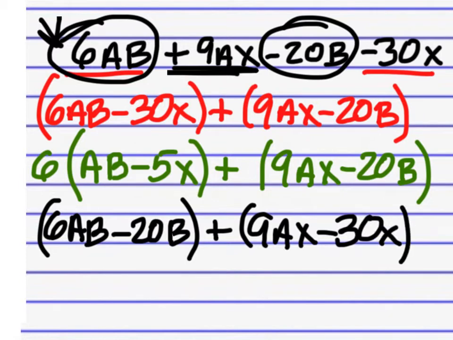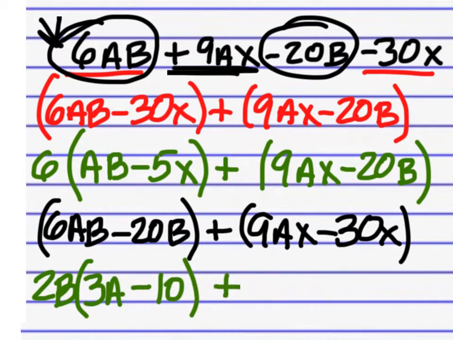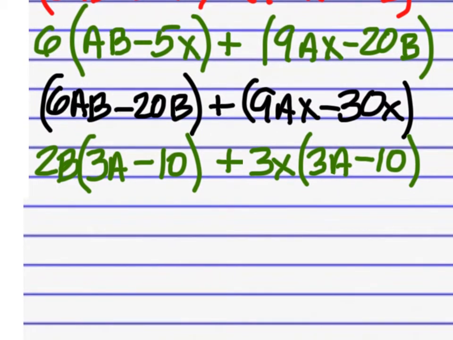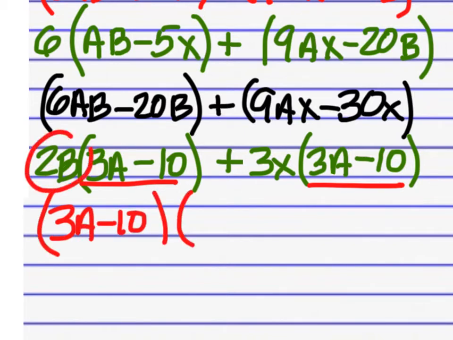Well, I can take out a 2 and a b from the first set, and that would leave me with 3a minus 10, it looks like. And on the other set, I can take out a 3 and an x and be left with 3a minus 10. Does this one work? 3a minus 10, 3a minus 10. So we're going to have 3a minus 10 and then 2b plus 3x.